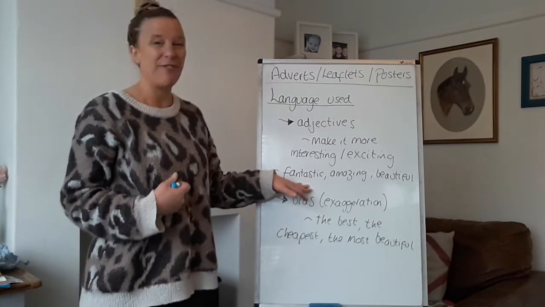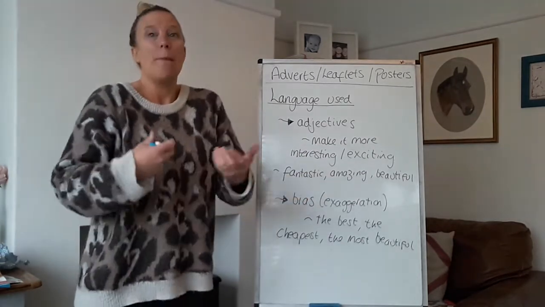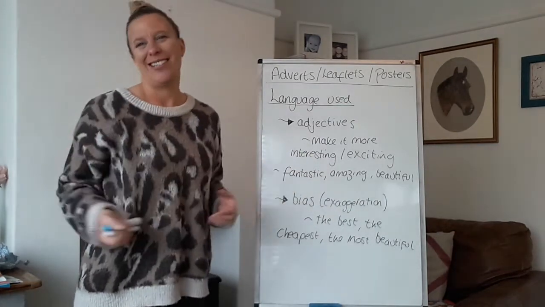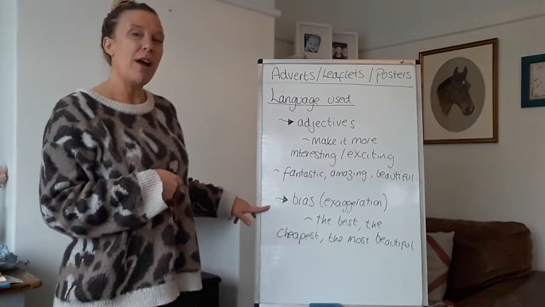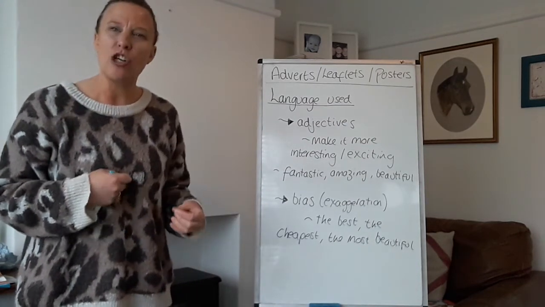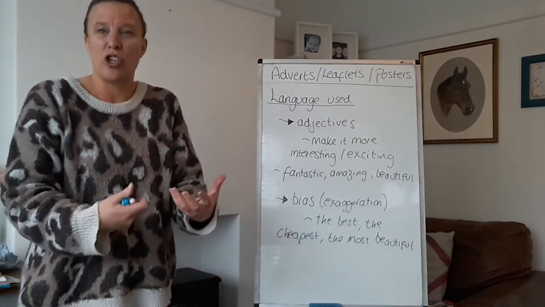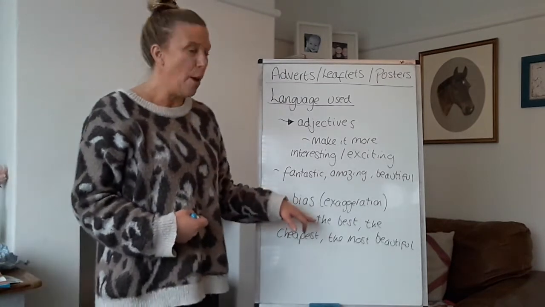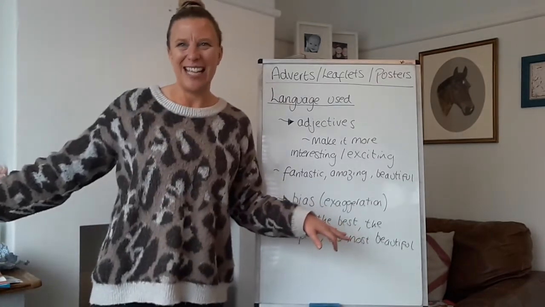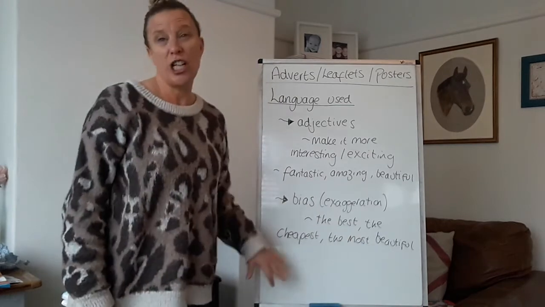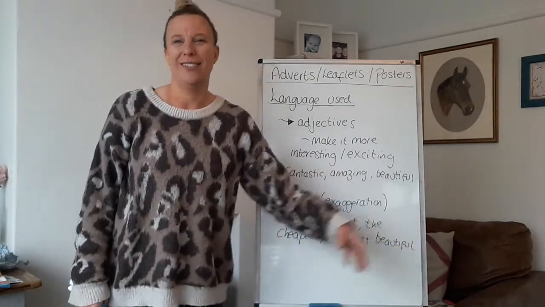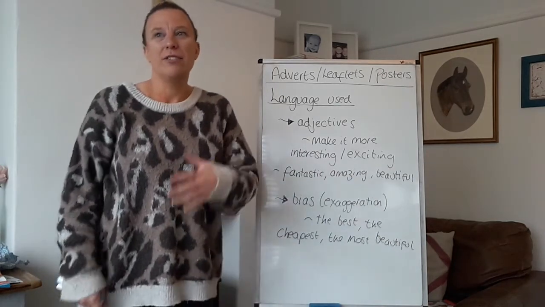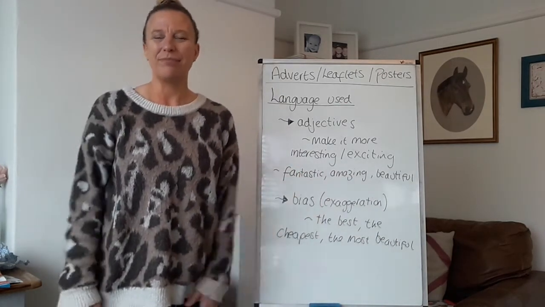So you might use things like fantastic, amazing, beautiful, brilliant, tasty, okay? And then we might use bias. Bias is exaggeration, where we exaggerate, okay? So the best deal, the cheapest deal, the most beautiful hotel.